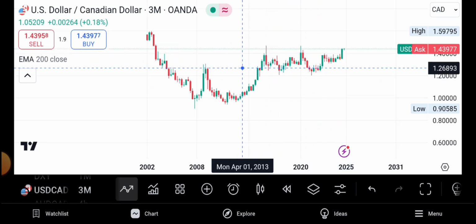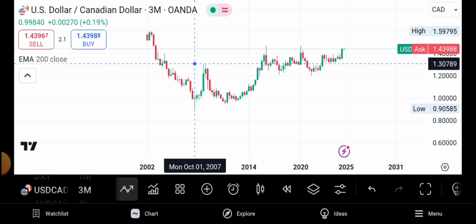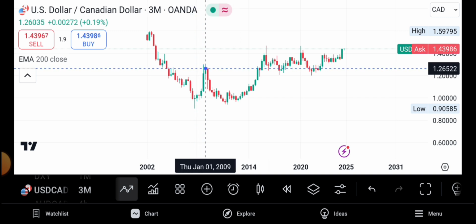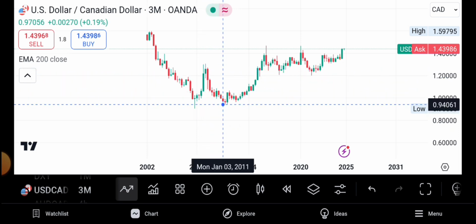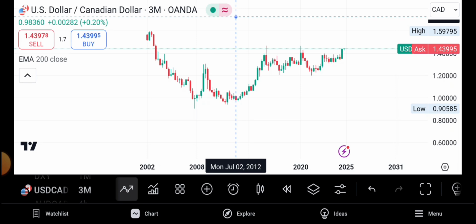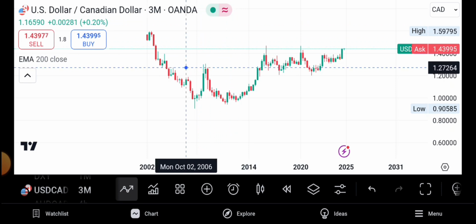And I told you guys, once we have broken the brim of the cup, the distance between the brim of the cup, or the top of the cup, and the bottom of the cup, are we together? The price action will go to cover that distance upward. So what do I mean?